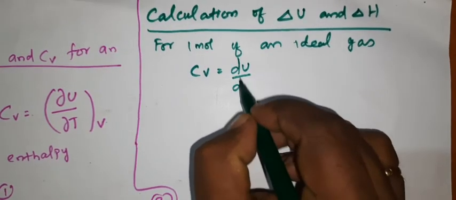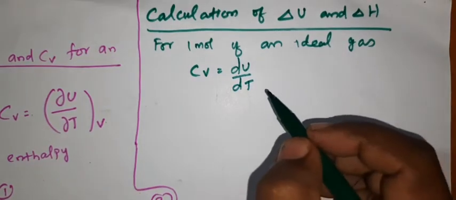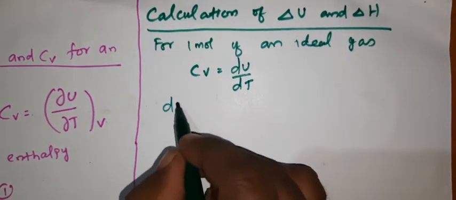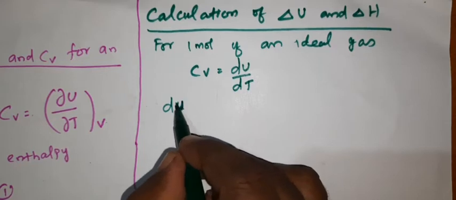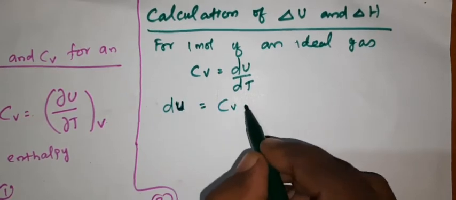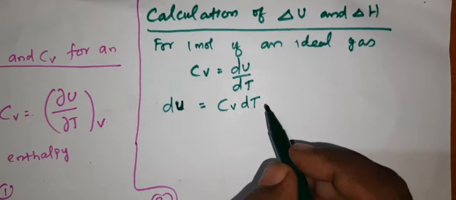Both are the same. So we can write dU equals Cv into dT.